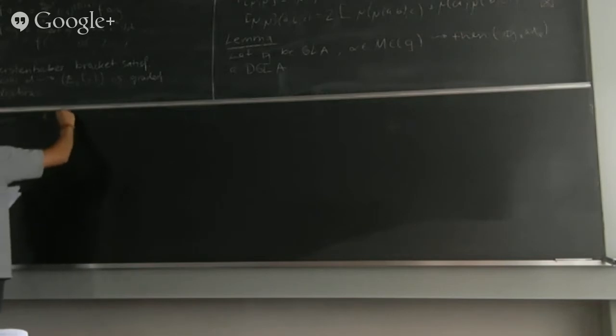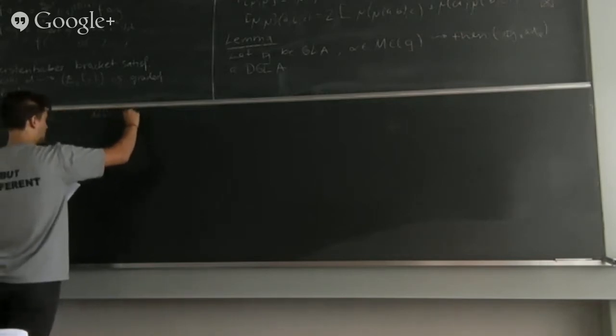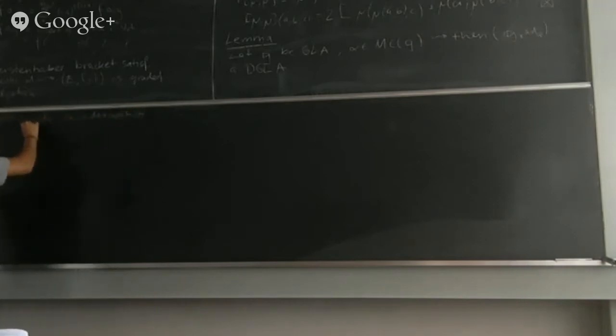Okay, what we have to show? We have to show that first, alpha is a derivation, and that is a homological derivation.